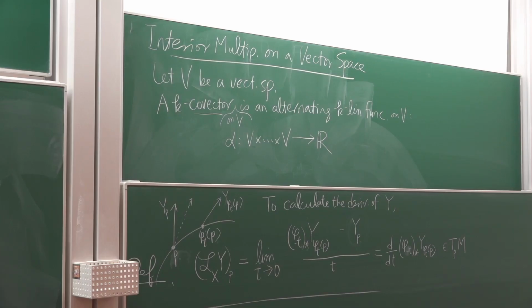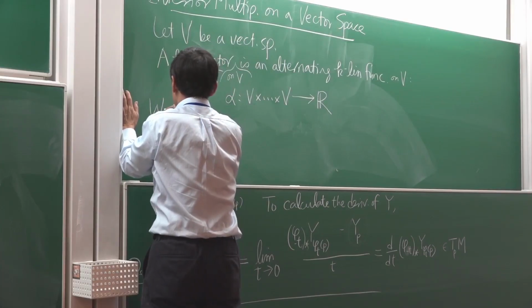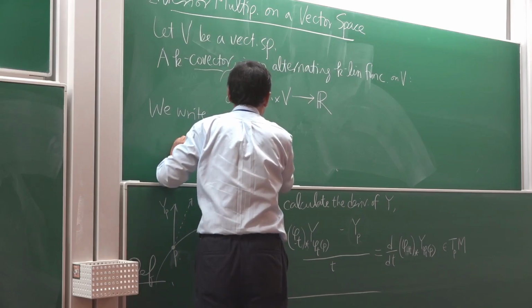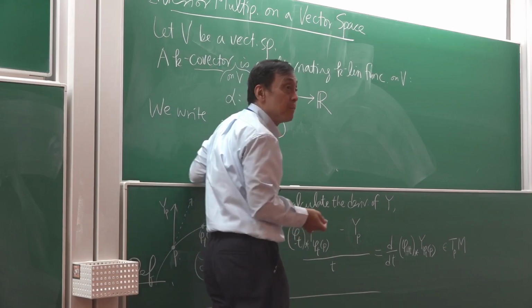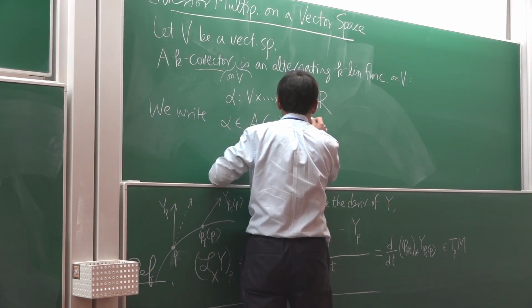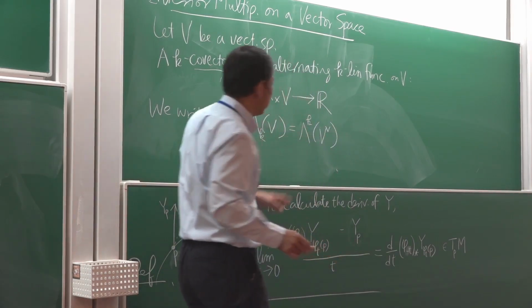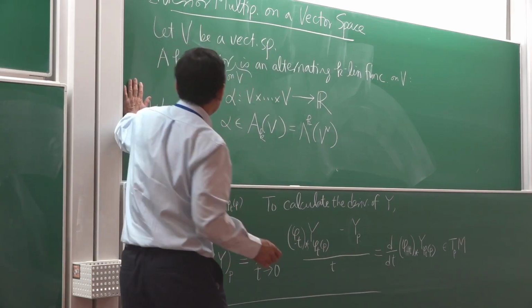When you switch two arguments, it changes sign. And I have a notation for k-covectors. I write either alternating k-linear functions on V, or I write this as lambda k of V dual. It's the kth exterior power of the dual vector space.